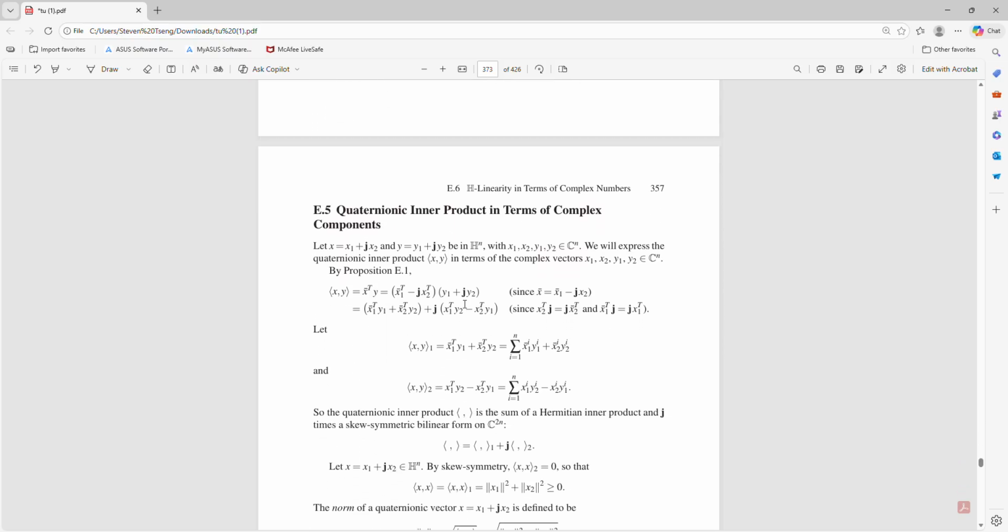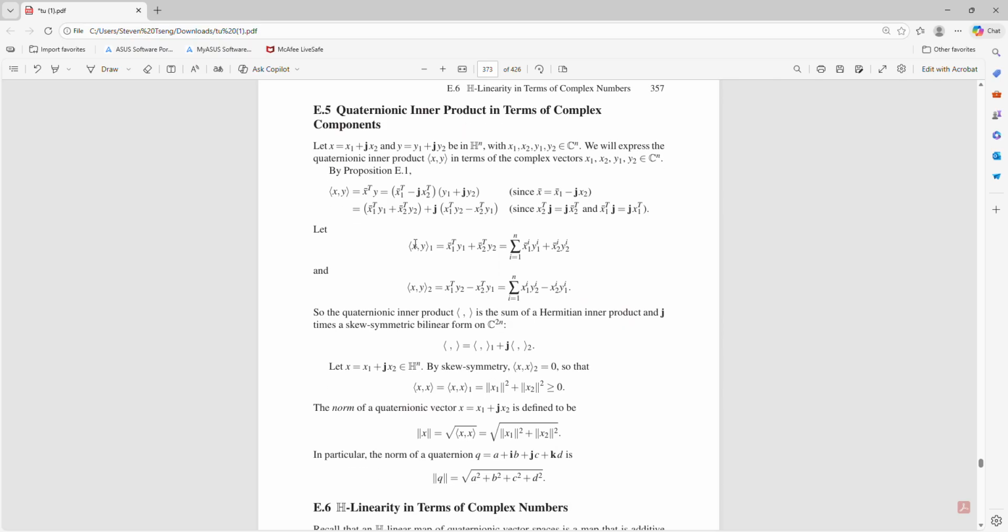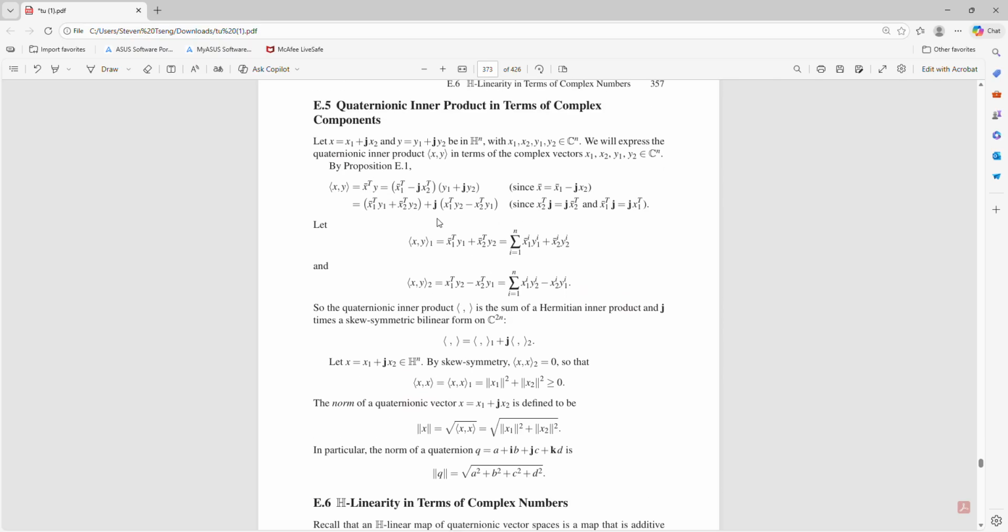Okay, next. We are going to talk about the norm of the quaternion number in terms of its complex components.